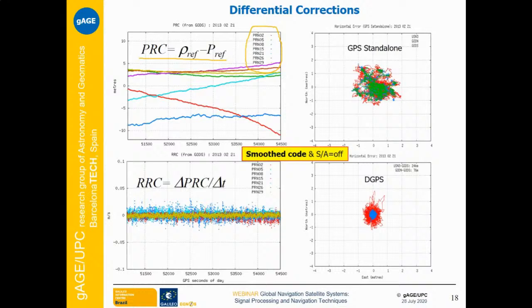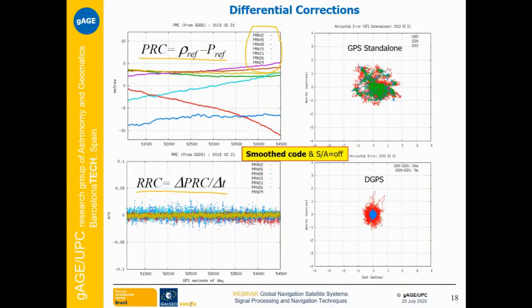In terms of the first derivative, we can see a few centimeters per second, and this enables some delays in the transmission. So we have the pseudo-range corrections, but thanks to these range rate corrections, how they vary with time, we can admit some delay in the transmission of the corrections.